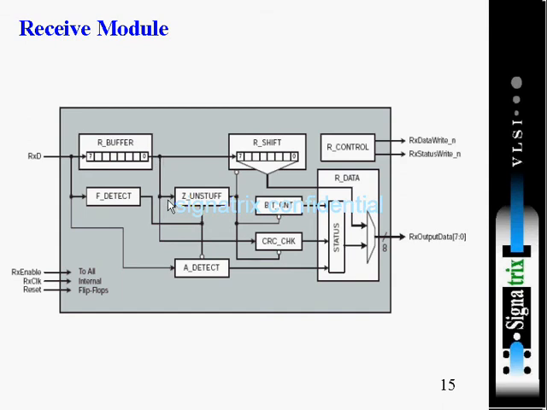Suppose it detects that five or six 1s came. After that, somebody has stuffed a 0. You do not want that 0, because somebody has already stuffed it. So during that time it disables this register, and the stuffed bit is removed; you lose the stuffed data.